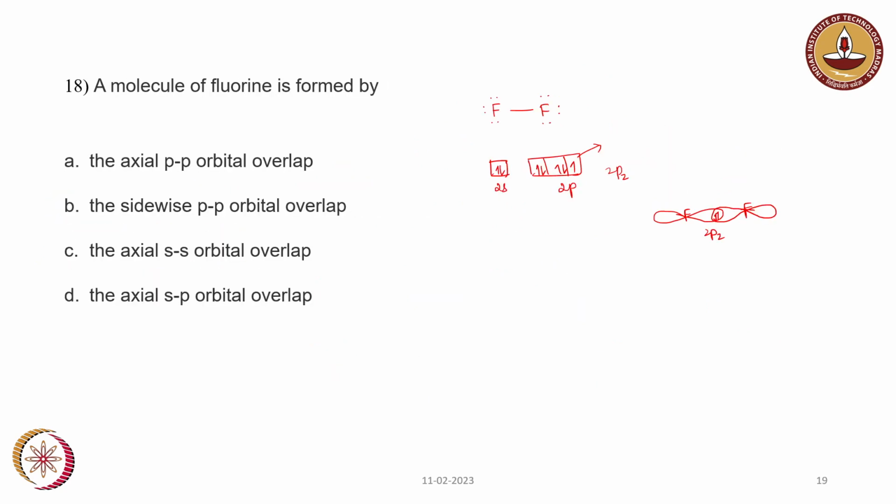Okay. Sidewise overlap means if the p orbitals are oriented like this, so sidewise will be like this. So that will be a pi bond. So a molecule will first form a sigma bond, and only then will it consider forming a pi bond.